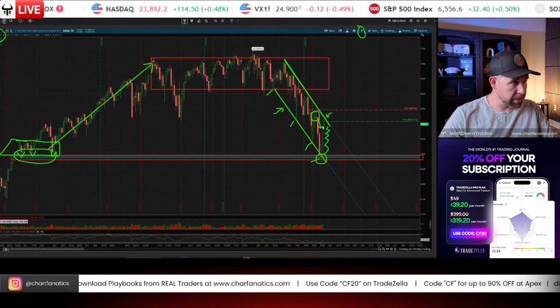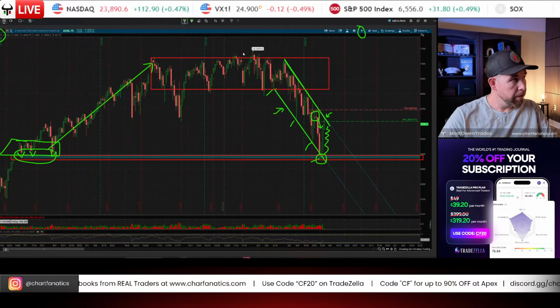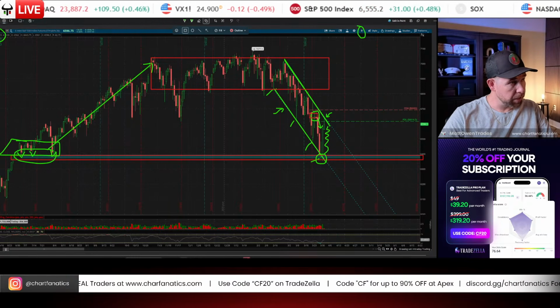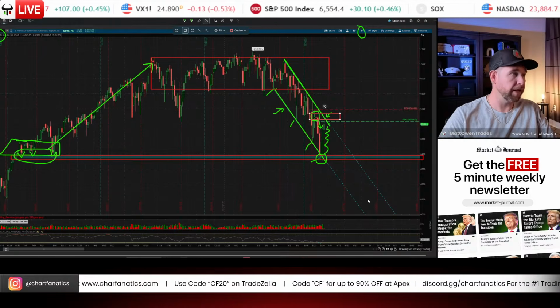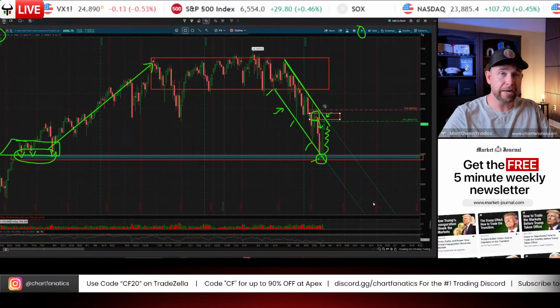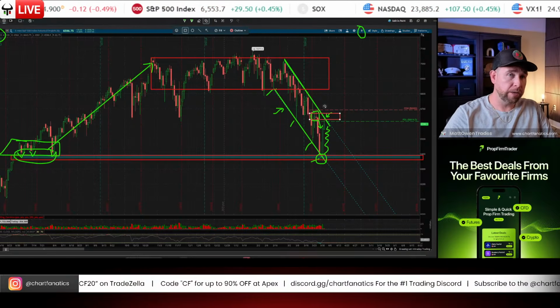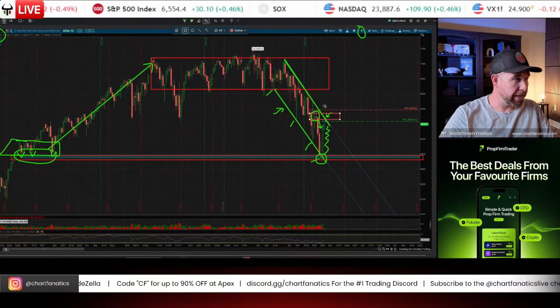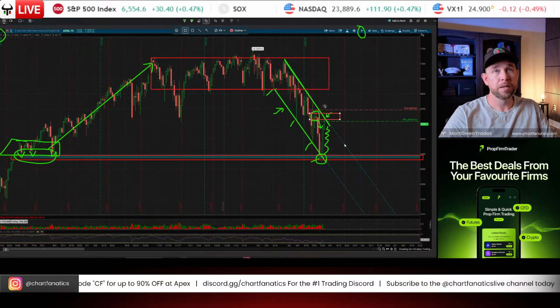I'm viewing this as a supply zone that we're testing, and it also coincides with the top of that channel. So we're at a key resistance area now. Overnight, we continued yesterday's rally right into this key resistance area.